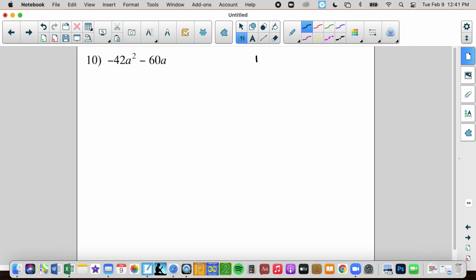2 terms. We still look. Greatest common factor. I have a leading term that is negative, so I have to take out a negative something. They both have an a, so it's negative 42 and 60. Yikes. Factors of 42 are 1 and 42, 2 and 21, 3 and 14, 4 no, 5 no, 6 yes, 6 and 7.